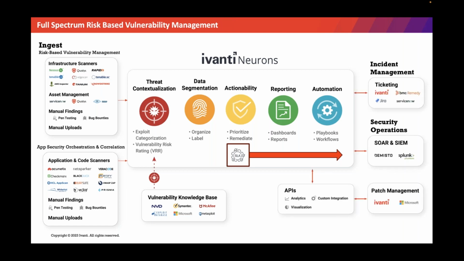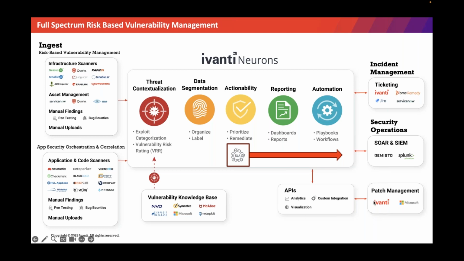So that's all about vulnerability management. That's only a piece of the pie, right? So how do we complete this entire workflow? How do we plug into your ticketing system? If you have a SOAR or SIEM, how do we make your SOC more efficient by concentrating their work only on those vulnerabilities that are actually weaponized, as opposed to all those false positives that may be coming from their SIEM?